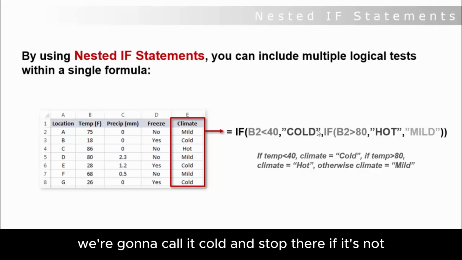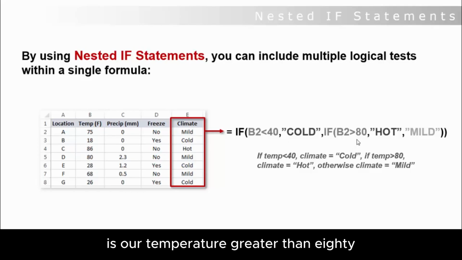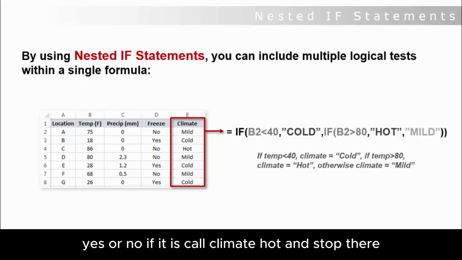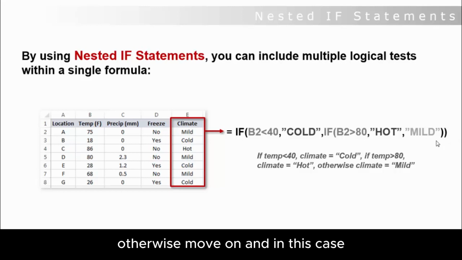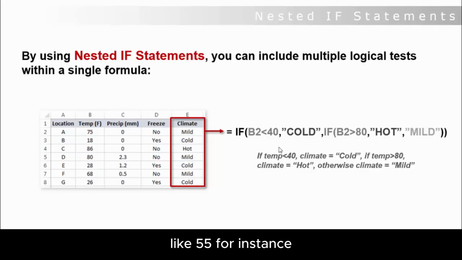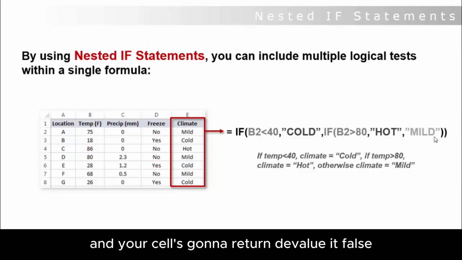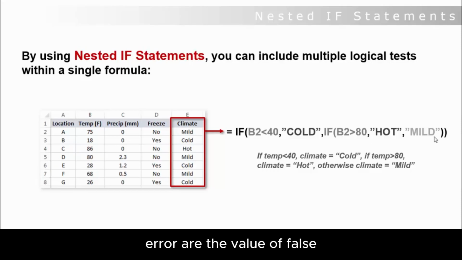If it is, we're going to call it cold and stop there. If it's not, we're going to move to our next test, which is, is the temperature greater than 80? Yes or no? If it is, call climate hot and stop there. Otherwise, move on. And if you get to the end, if you have a temperature between 40 and 80, like 55, for instance, both of these are going to evaluate false, and your cell is going to return the value if false, or mild.